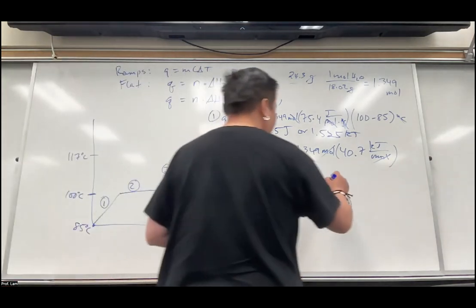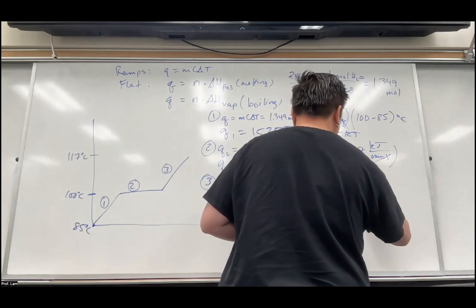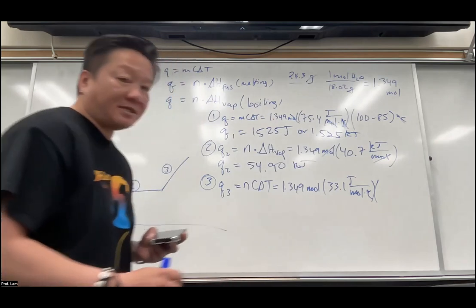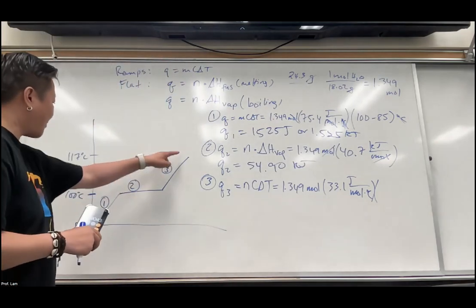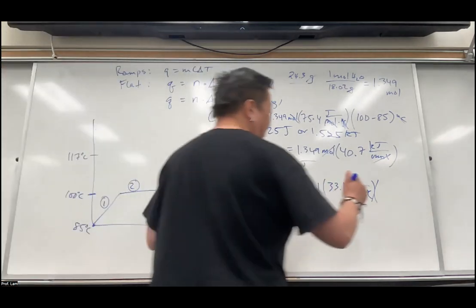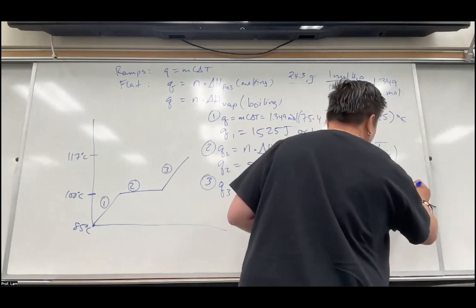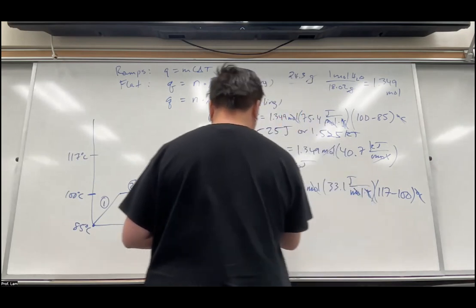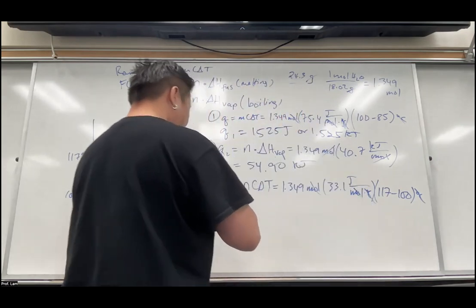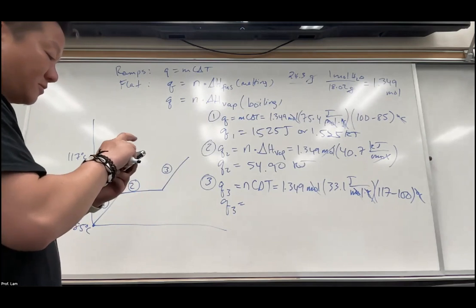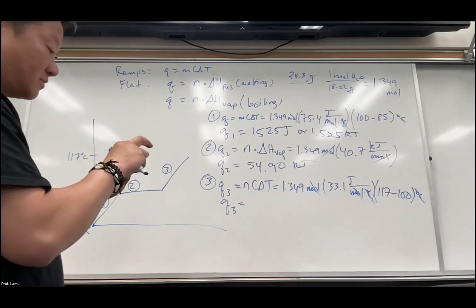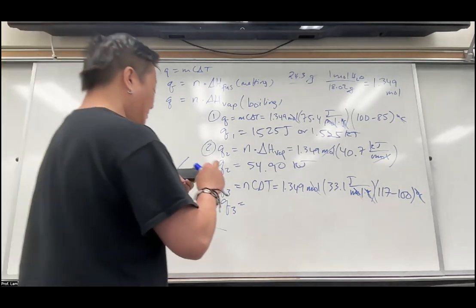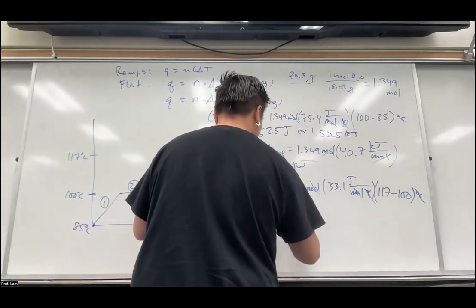That's 33.1 joules per mole per degree Celsius, times delta T. So what is delta T for the third segment? 117 minus 100 degrees Celsius. So degrees Celsius cancel, mole cancels. Q3 is equal to 759.1.